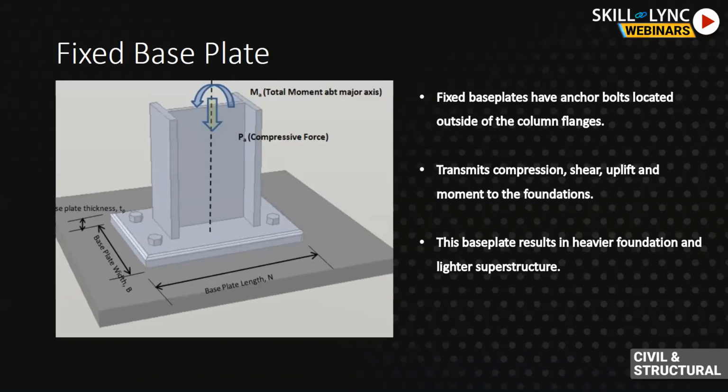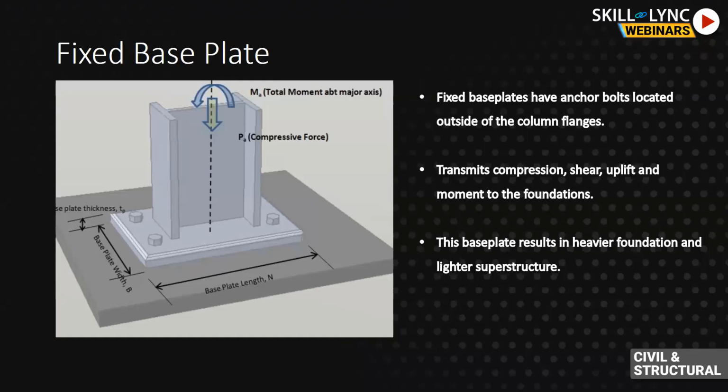And the fixed base plate transmits the compression, shear force, tension force, and moments to the foundation. When adopted in the structural system, this will result in a heavier foundation, but a lighter steel superstructure. So these are the important features of the fixed base plate.